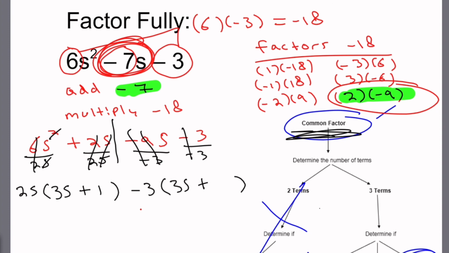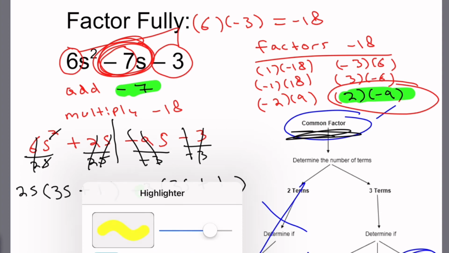And 3 divided by 3, of course, is going to become 1. Okay, so we had to take out that negative there, because if we only took out +3, we'd end up with -3s plus 1 in the bracket, which is not identical to this bracket over here. We need them to be identical to finish this off. So we had to take out that negative to make sure we get the exact bracket there.